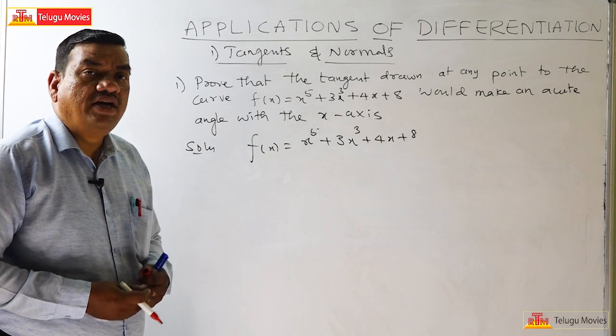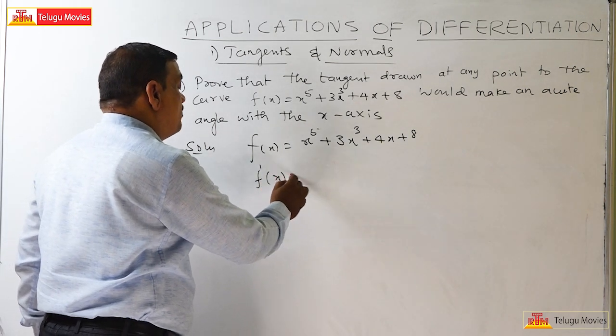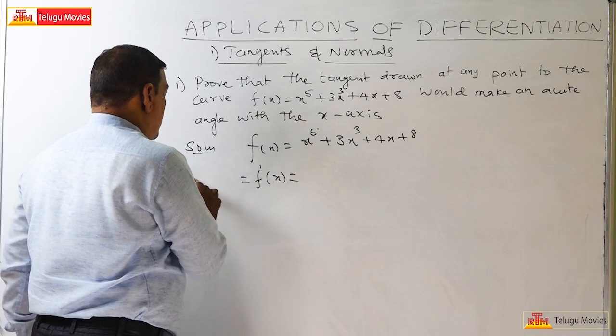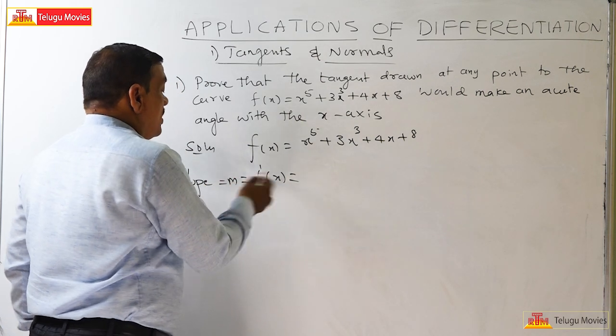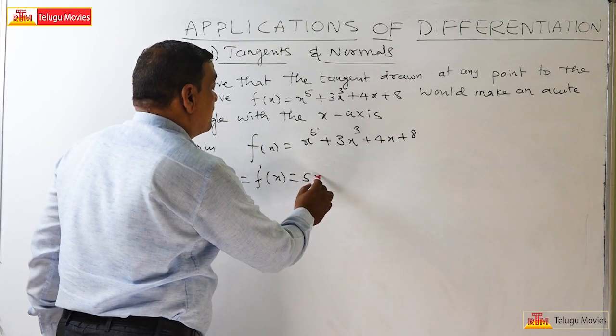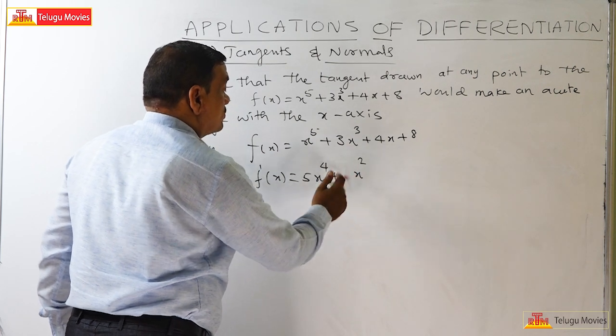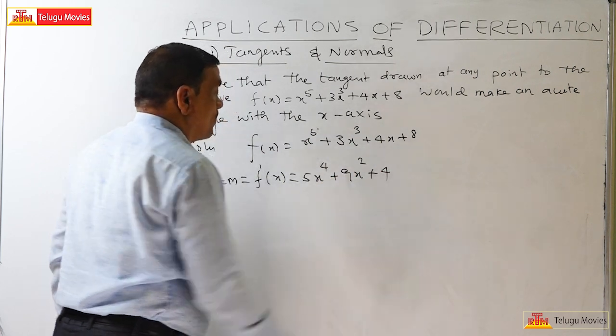Now let any arbitrary point be (x, y). Let us find its slope. Slope means the slope of the tangent, f dash of x. What is f dash of x? This is equal to 5x to the power of 4 plus 9x square plus 4.